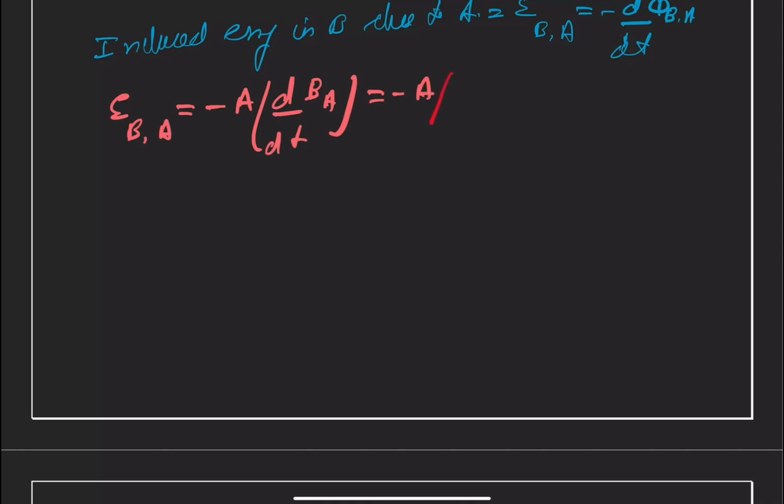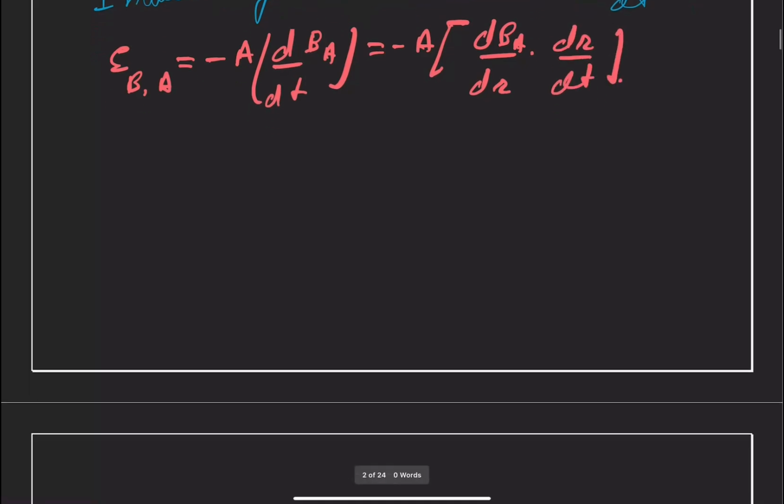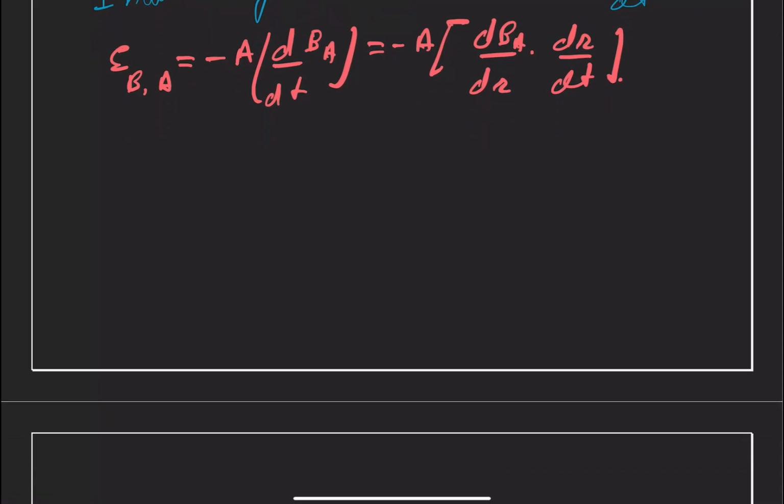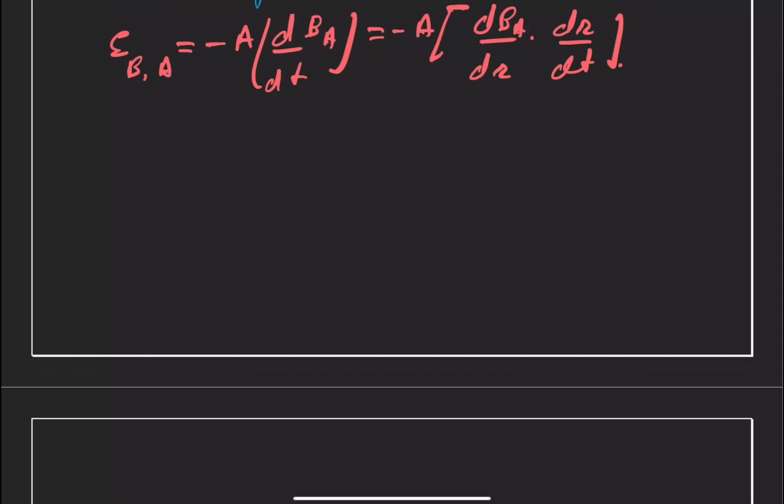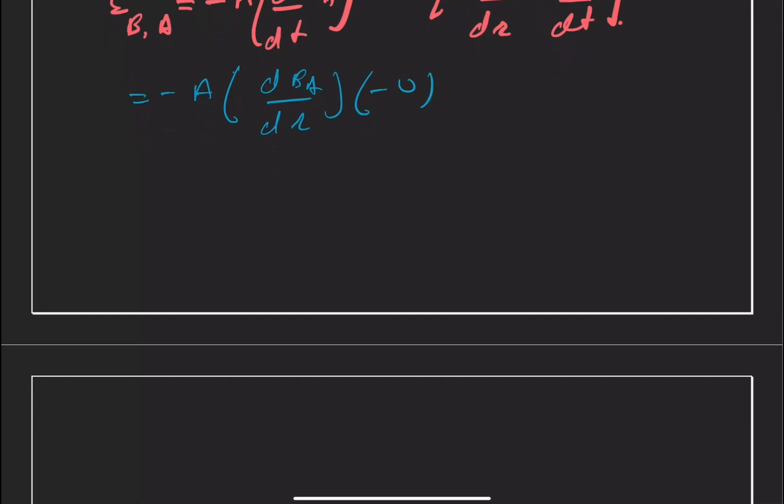We can write this as dB upon dr and dr upon dt, and dr upon dt is nothing but our velocity, and you can say that this will be equal to minus of A dB upon dr, and here we have negative velocity, and this can be further written as AV dB upon dr.